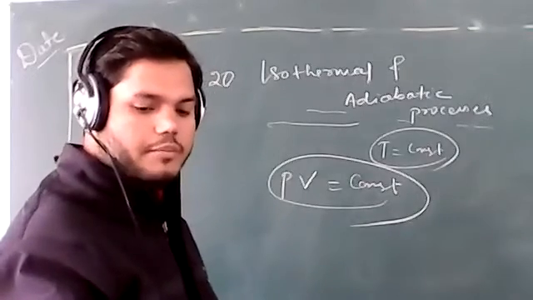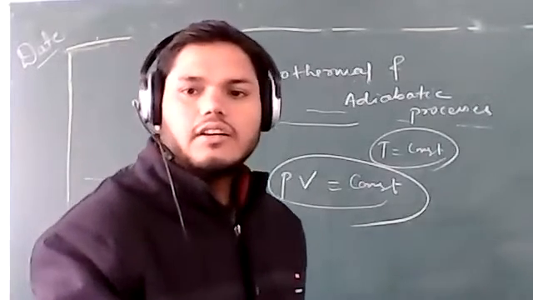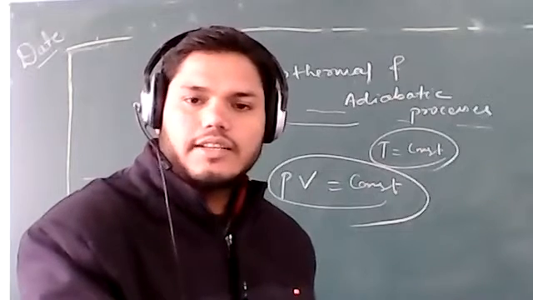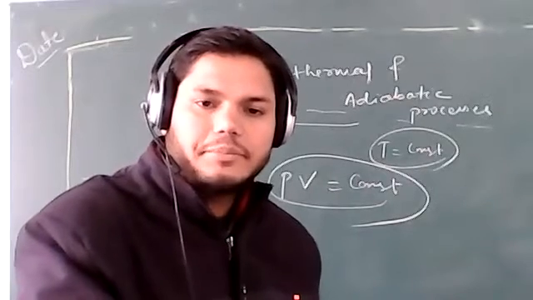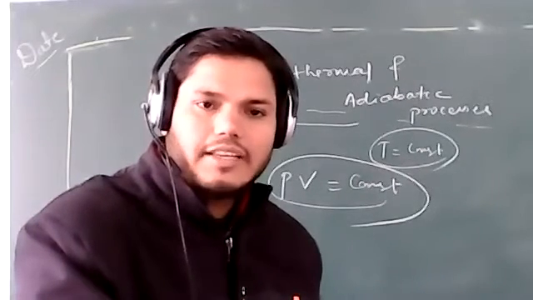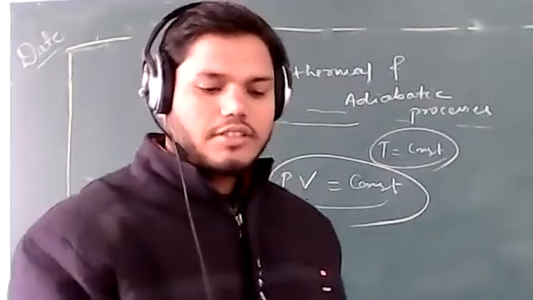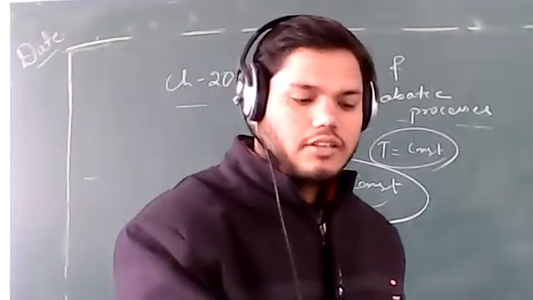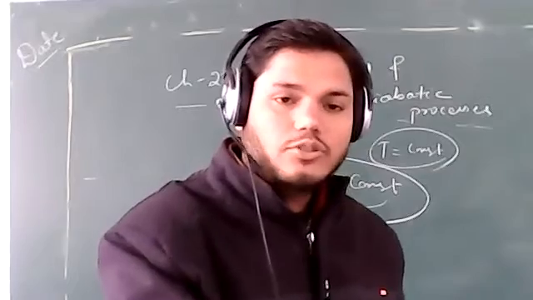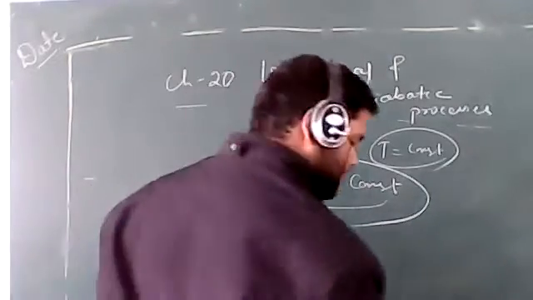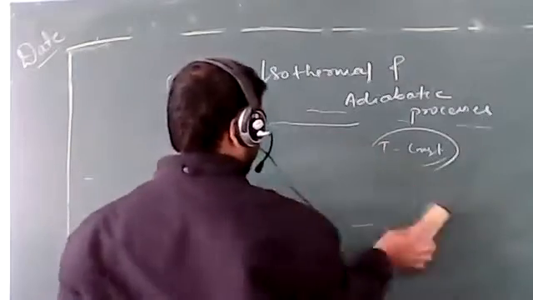Boyle's law means that at constant temperature, the pressure of a given mass of a gas is inversely proportional to the volume. And if you make the curve of the isothermal process, it is called the isothermal curve.